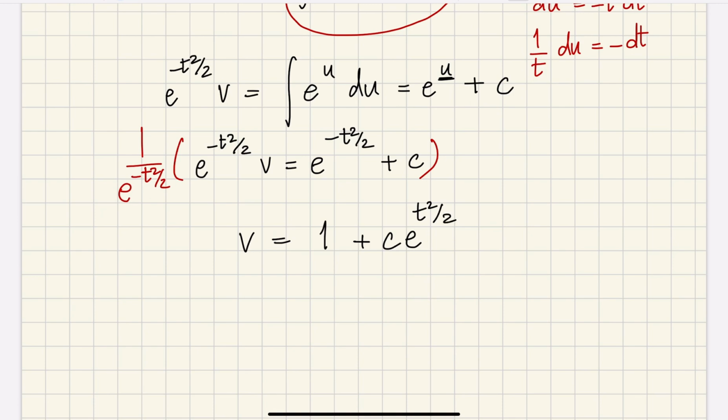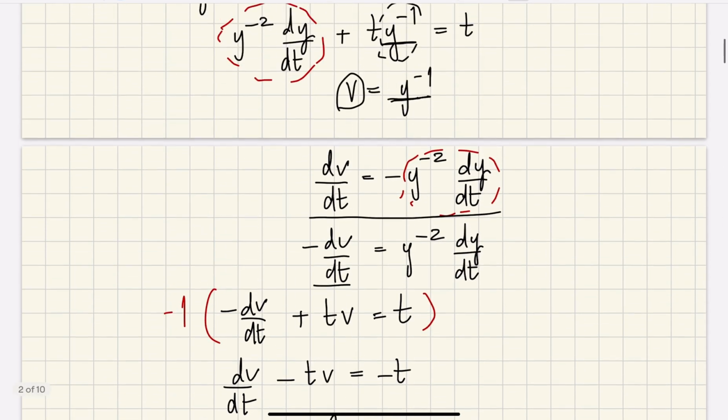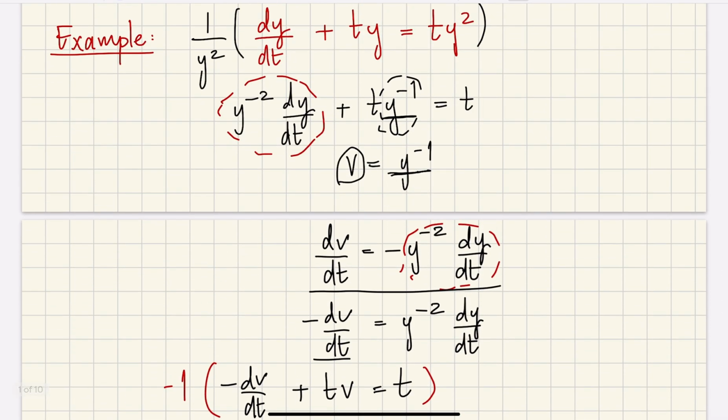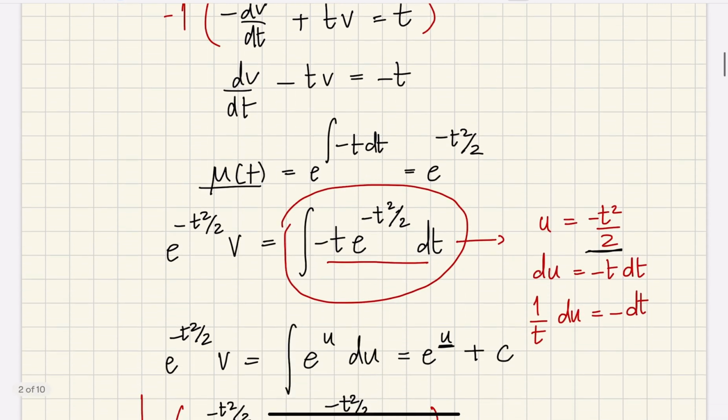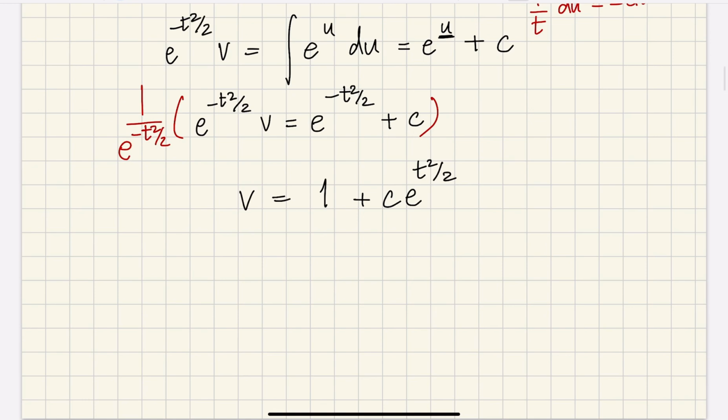We're pretty much done. The last step is the substitution that we made for v right here is what we're going to put it back in. So this is equal to 1 over y, which is y to the power minus 1. So you have your final answer.